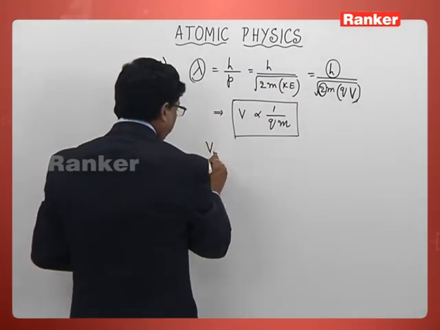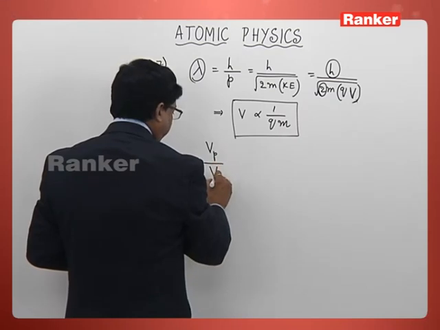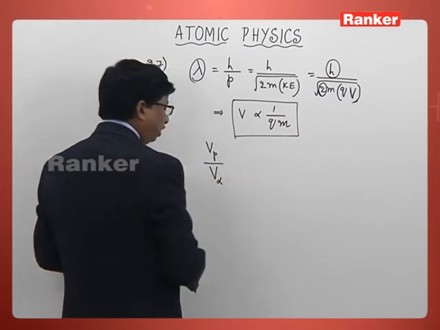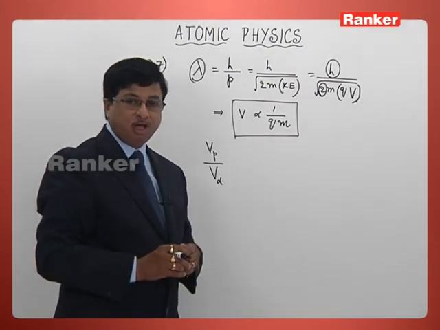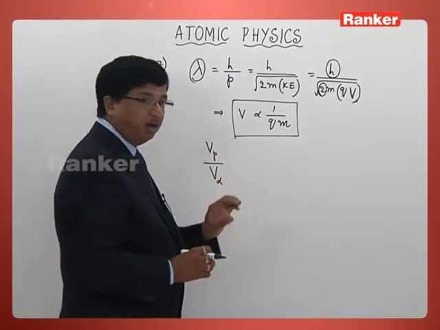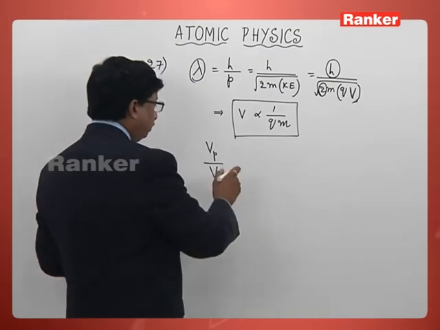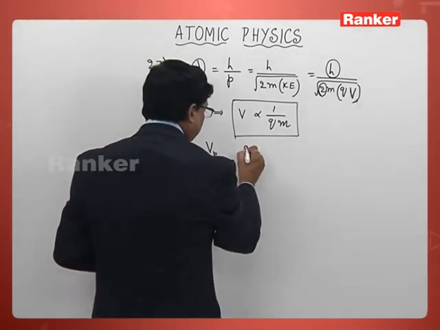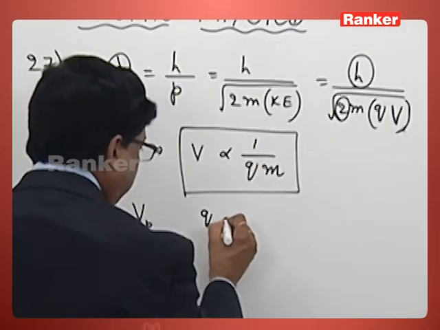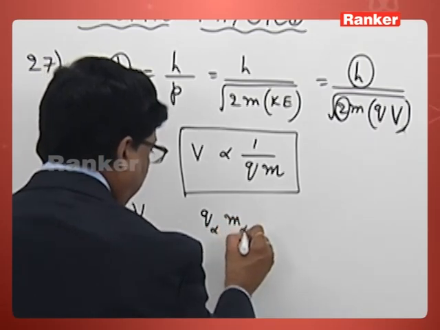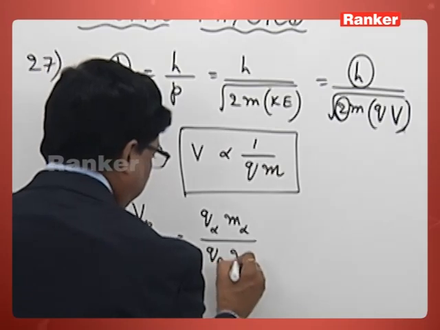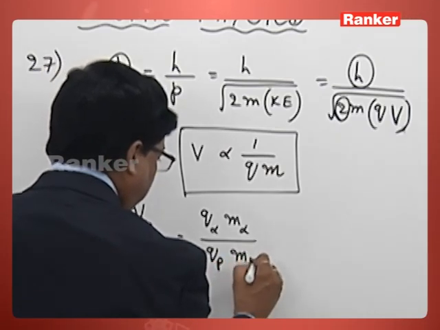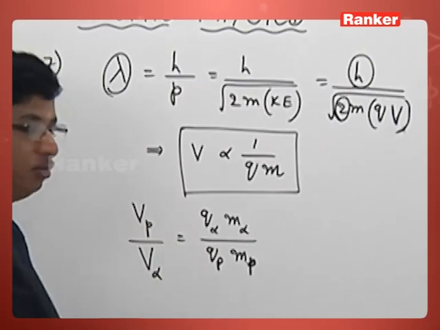V of proton by V of alpha particle, the potential difference applied on proton and potential difference applied on the alpha particle, that now should be equal to charge on alpha particle into mass of alpha particle by charge on proton into mass of proton. This is actually the equation.